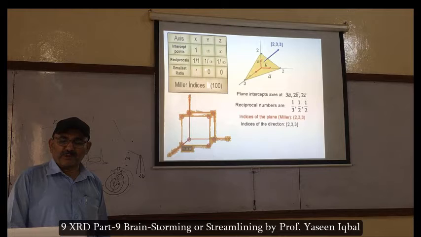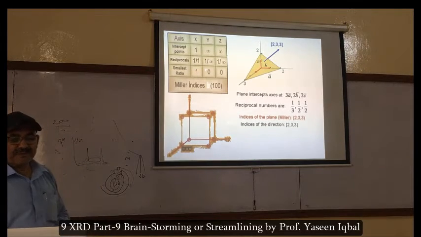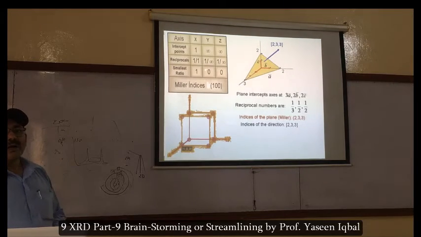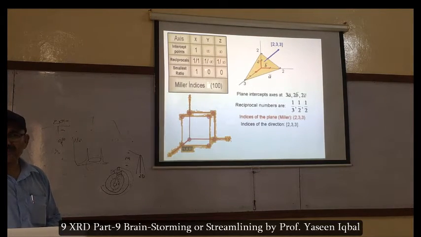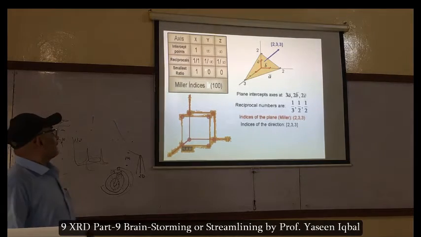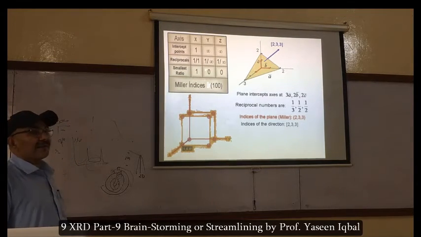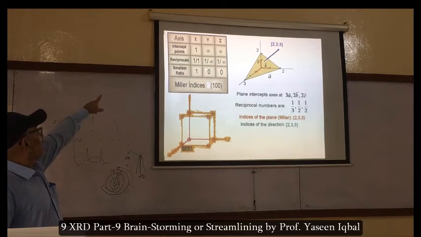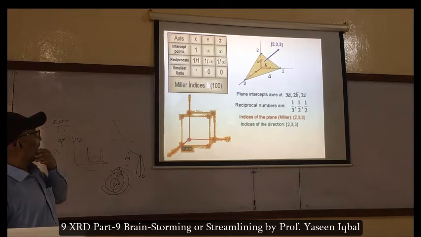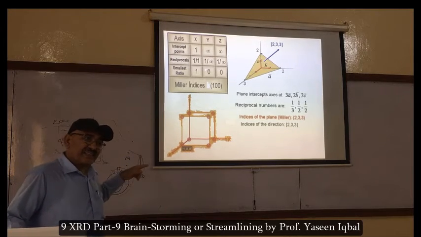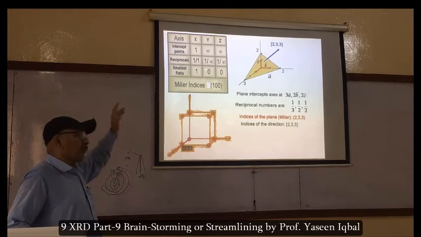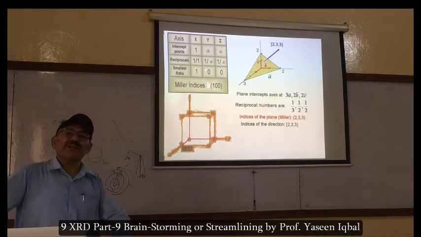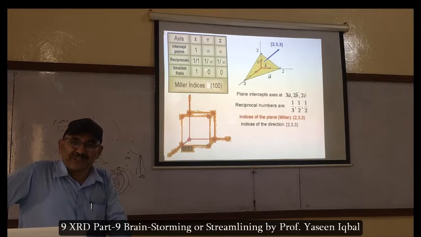A little bit moving forward. I think most of you know this, I am just repeating it, that a plane intersects the x-axis at 1. By 1 here we mean 1 lattice parameter.